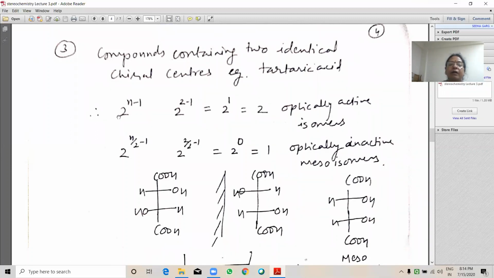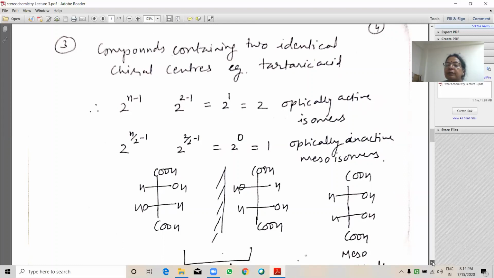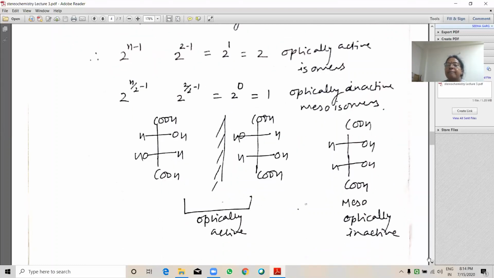Here we have to apply two different formulas. 2 raised to n minus 1, meaning 2 are optically active isomers, whereas 2 raised to n/2 minus 1, that is 2 raised to 0, equals 1 optically inactive meso isomer. So 1 is meso and 2 are optically active.